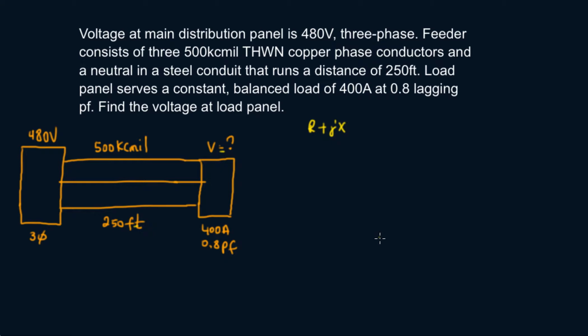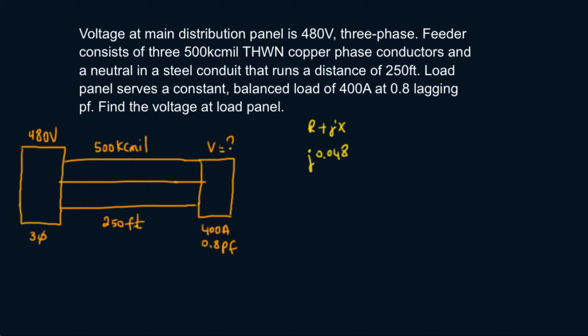Now be really careful here, because it's R plus jX. Don't start by thinking that your reactance is your R, because some people get that mixed up, just normal mistakes. That's why I write it down, making sure that the first value I write is the reactance instead of the resistance.